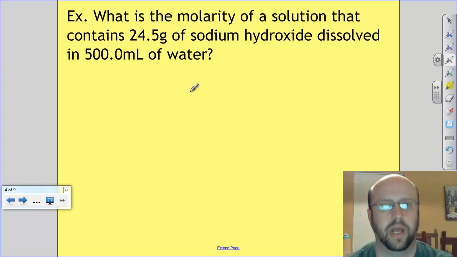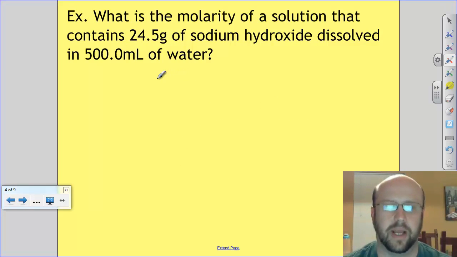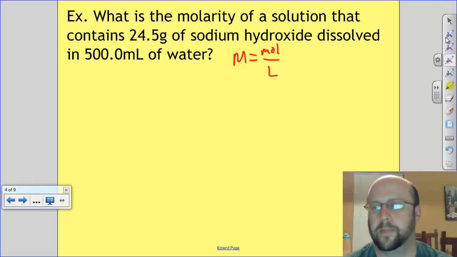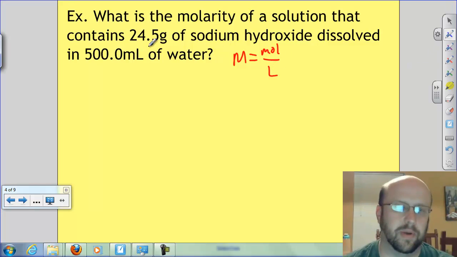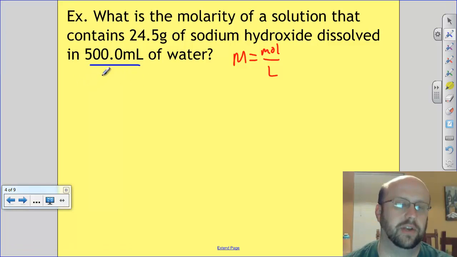So let's work one. What is the molarity of a solution that contains 24.5 grams of sodium hydroxide dissolved in 500 milliliters of water? So our formula again is molarity is moles per liter. Now here's the problem. I don't have liters or moles. Now liters I can get pretty easy. I can do a real quick conversion there.